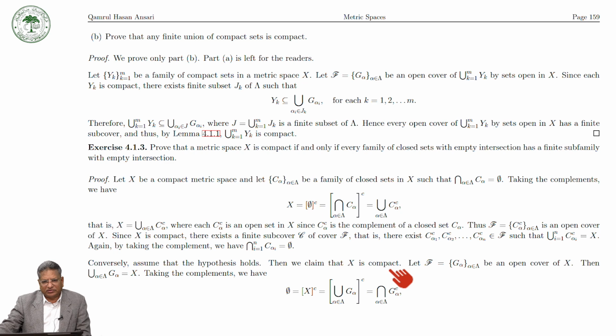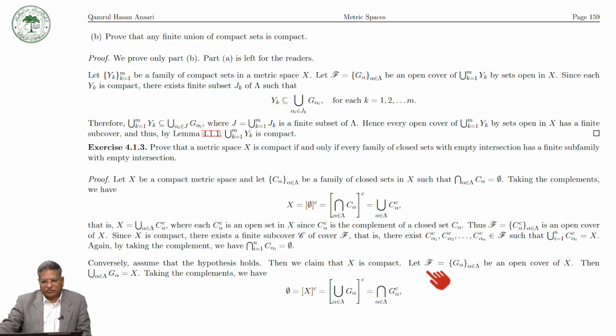X is compact means we will have to consider any open cover of X and prove that it has a finite subcover. So let F equal to G alpha, with alpha in lambda, be an open cover of X. Then we will prove that this open cover has a finite subcover.